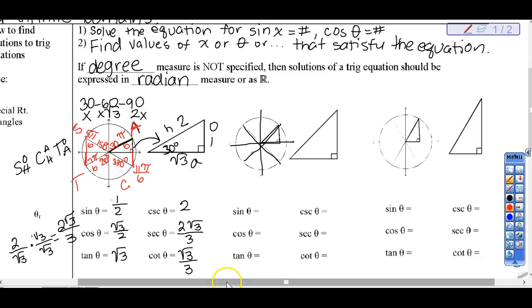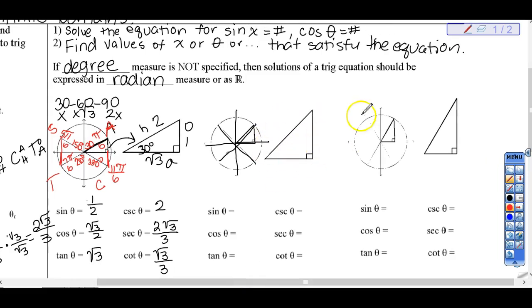All right, what I want to do before I go and do the 45, 45, 90, which I put here in the middle, is I'm going to come over here and do the 60-degree angle where I'm pulling that triangle out. And the hypotenuse is still 2. The short side down here is 1, but now it's the adjacent to the 60 degrees instead of the 30 degrees.